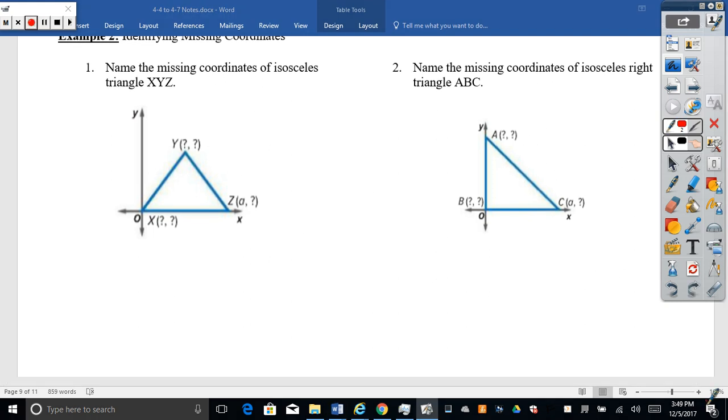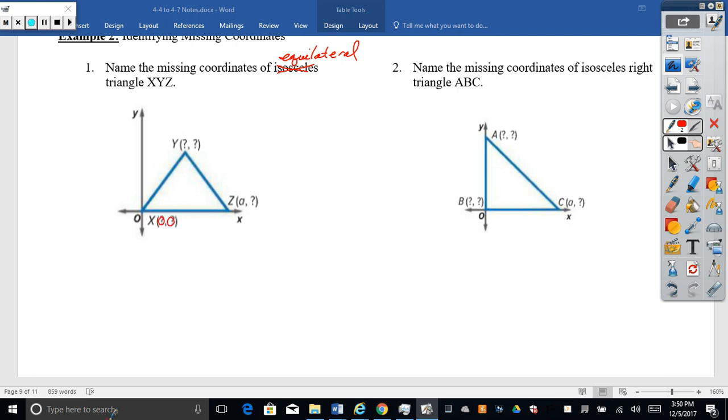Now, what would be nice is if you could go ahead and fill in some of these things. I'm going to change this a little bit. Instead of saying this is an isosceles triangle, let's say it's equilateral. If I'm working this out, I would look at this and say, I know X is 0, 0.